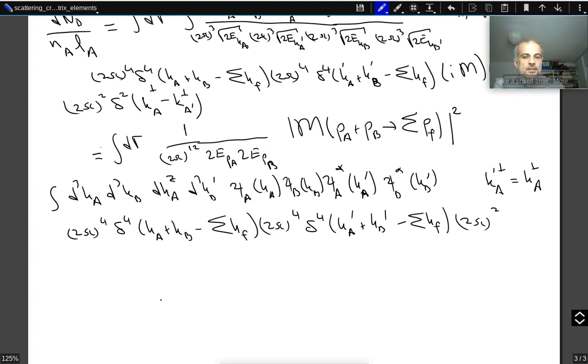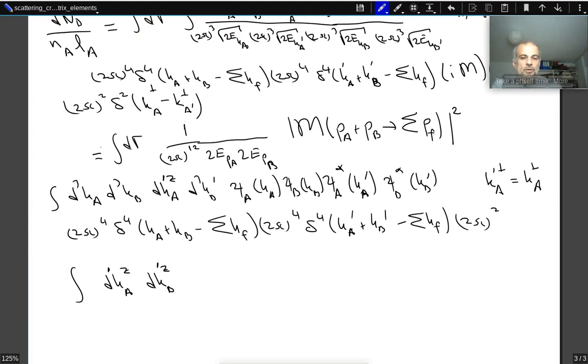Now let me look at the integral of dKaz and dKbz. And I will use this Dirac delta over here. So d cube K, this is prime. So this is prime, this is prime.